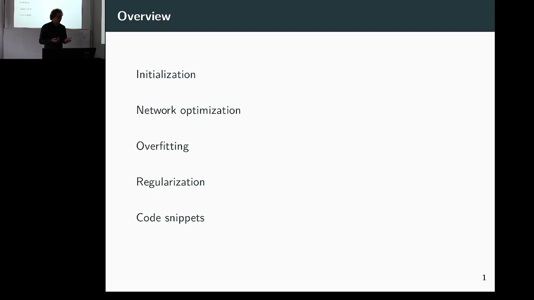Okay. Then we'll see what overfitting was. You saw this already in the second week, but we'll have a little recap on overfitting, then go into regularization, and finally there'll be code snippets that will hopefully help you use Adam in your code. And then I'll pass the word to Lokesh, who will do units.